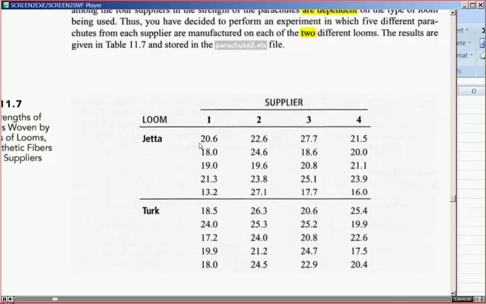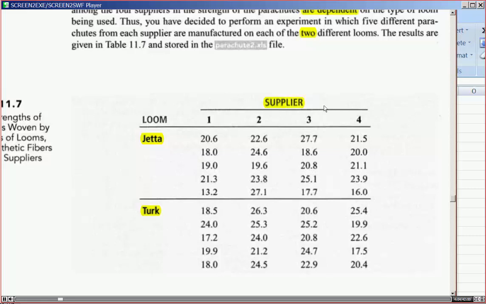We have 2 factors here. This is the factor we're looking at right now, which we did not use in the previous section. This is factor A. The type of loom, the Jetta brand and the Turk brand. That's one factor.